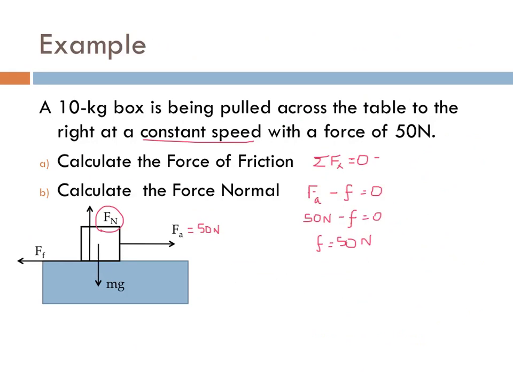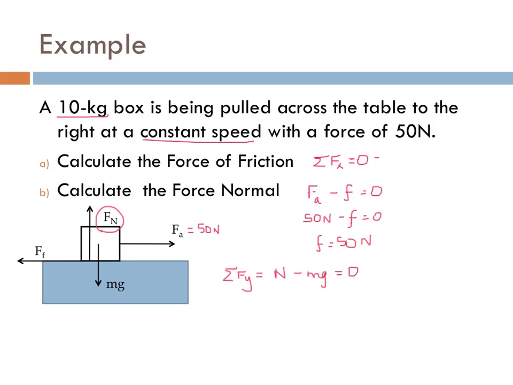In this case, the normal force is the only force in the y direction. So the sum of the forces in the y direction is our normal force pointing upwards, so it's positive. Gravity, or the force of gravity, is pointing down, so it's negative. And we want to set this equal to 0. Now, right now, we're not given any information, but we do know that our box was 10 kilograms to begin with.